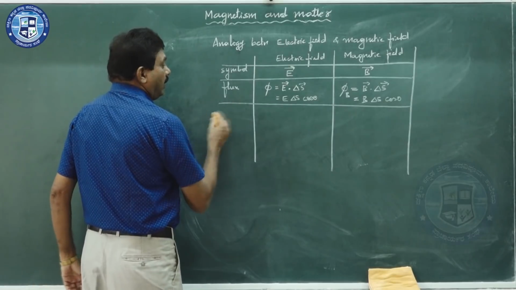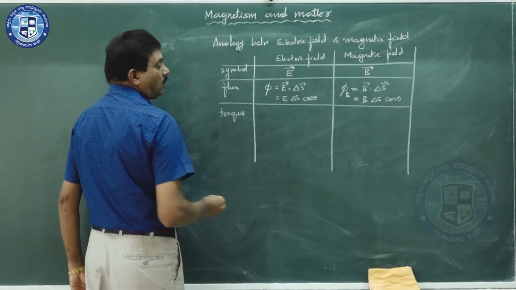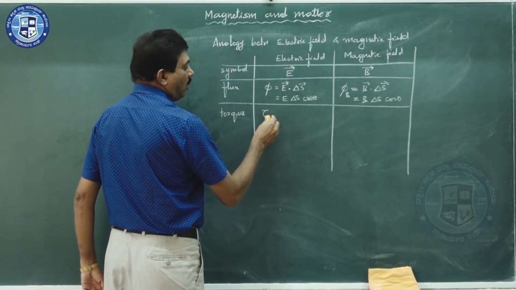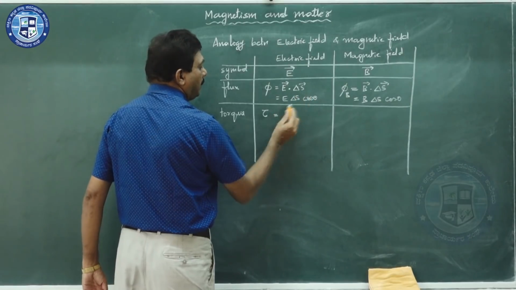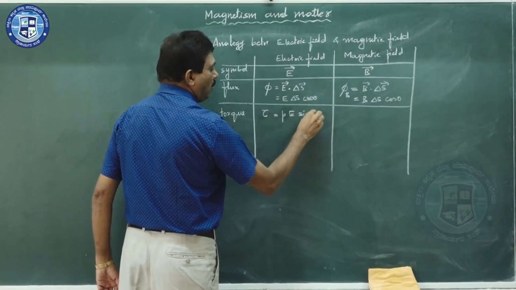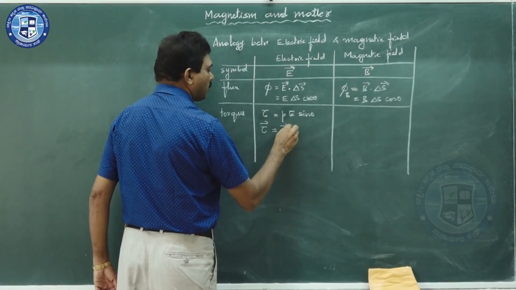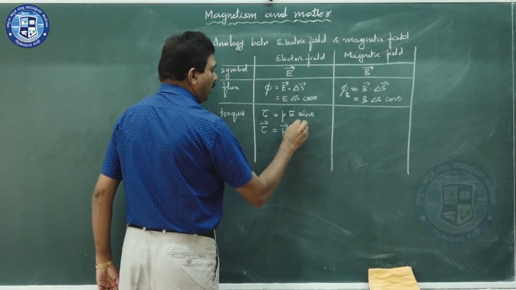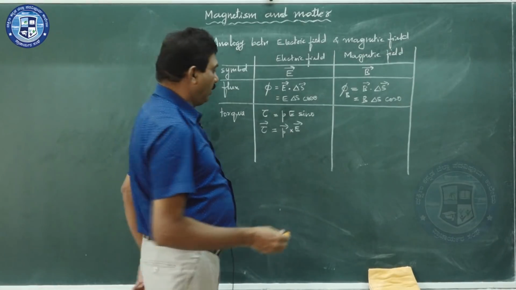Next, the torque. Torque in electric field is given by the formula P E sin theta, or in the vector form it is a cross product between dipole moment vector and electric field vector.